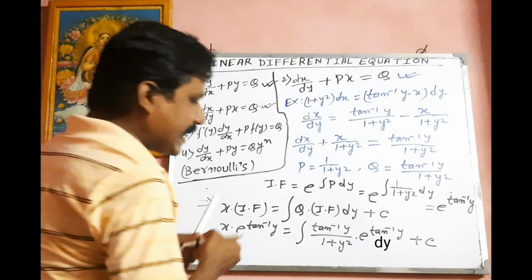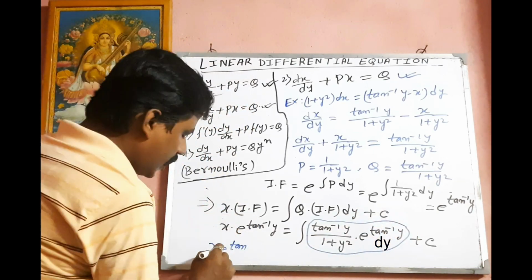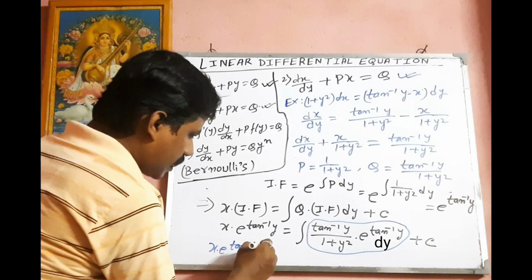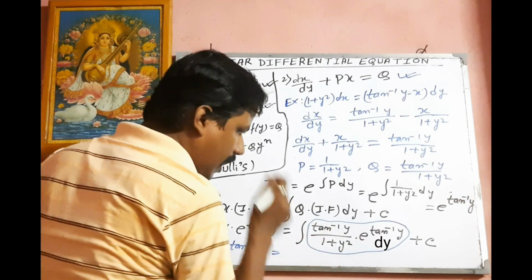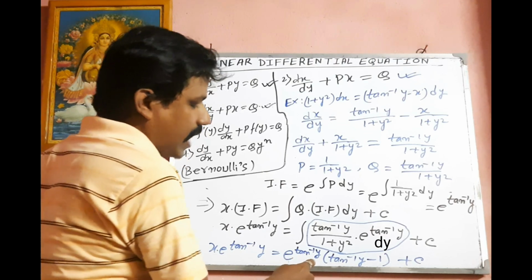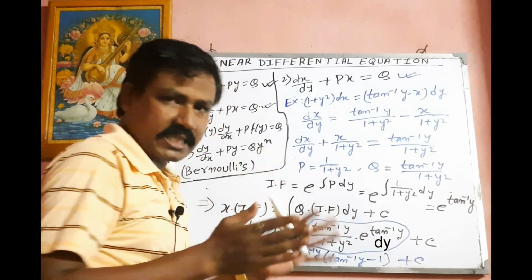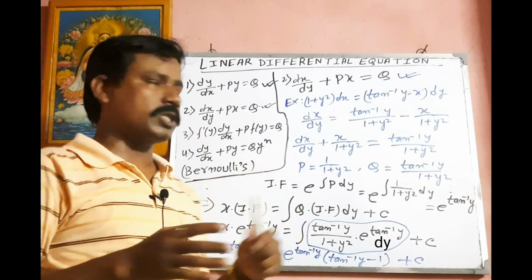So after integrating this part by parts, we get x into e to the power tan inverse y equal to e to the power tan inverse y times (tan inverse y minus 1), plus c, where c is the integrating constant.